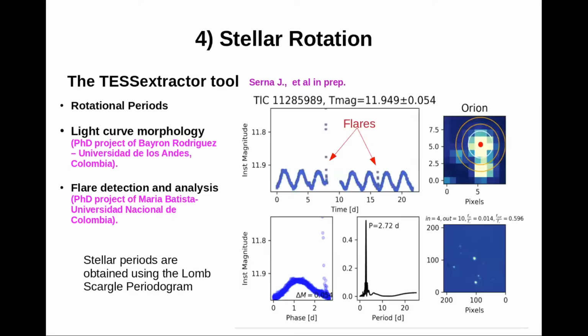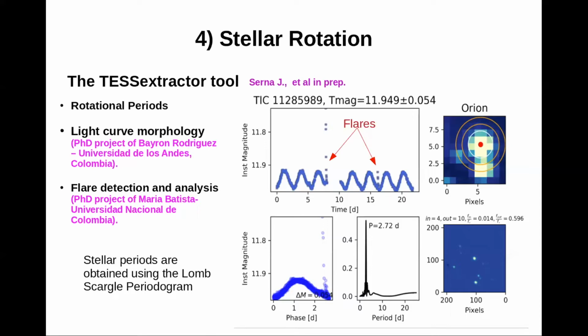For example, my student Javier Serna implemented two tools to study stellar rotation. The first one is the TESS extractor tool, which performs a basic analysis of TESS light curves and estimates rotational periods using the Lomb-Scargle method.